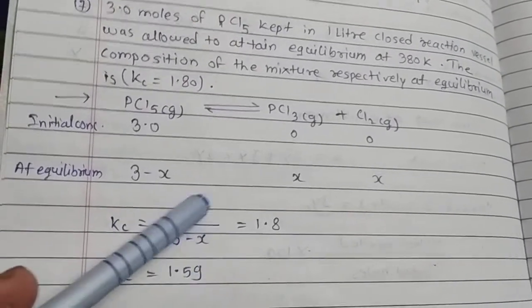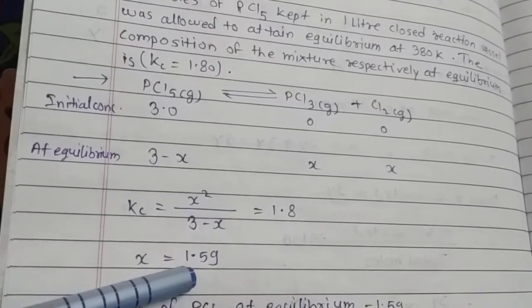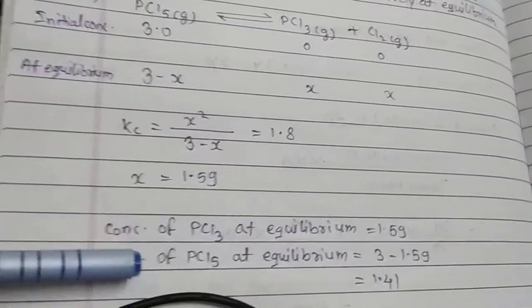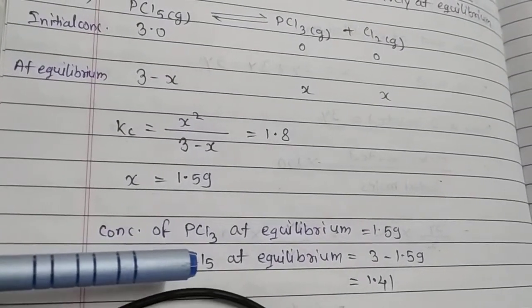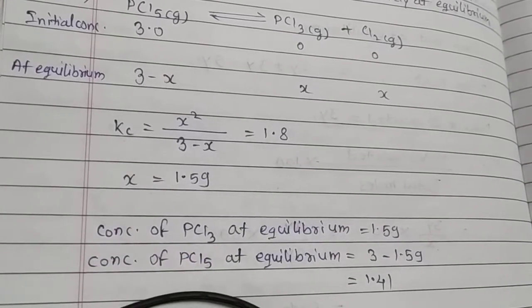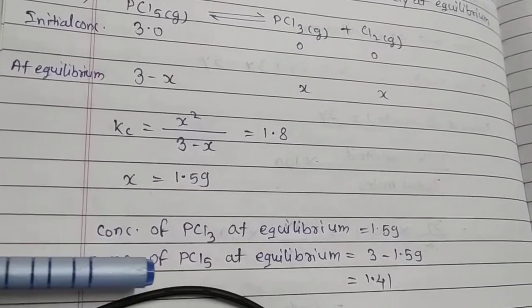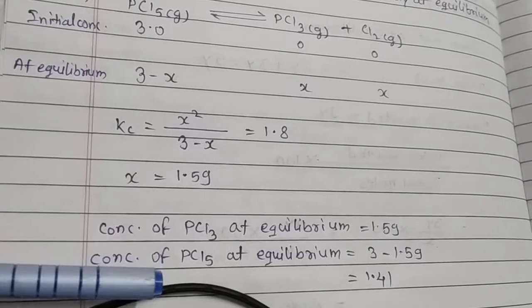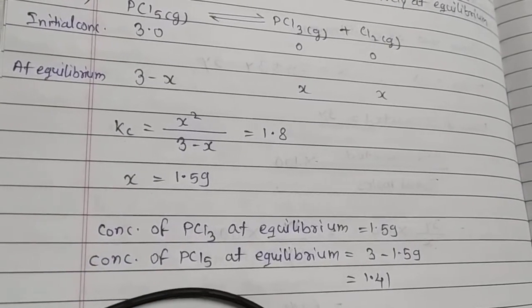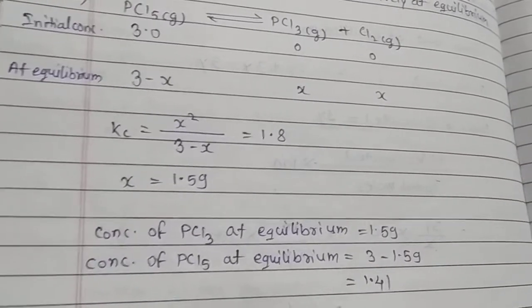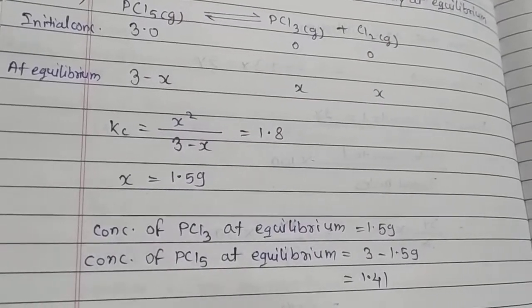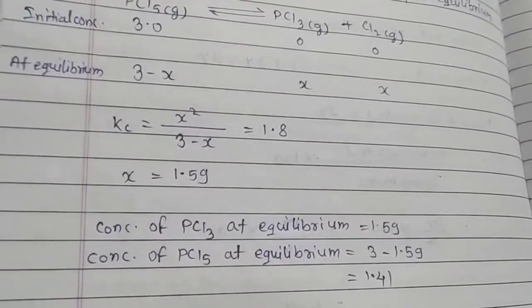So by calculating all this, we will get x is equal to 1.59. So concentration of PCl3 at equilibrium is equal to 1.59, and for concentration of PCl5 we just have to subtract 1.59 from 3, so we will get 1.41.